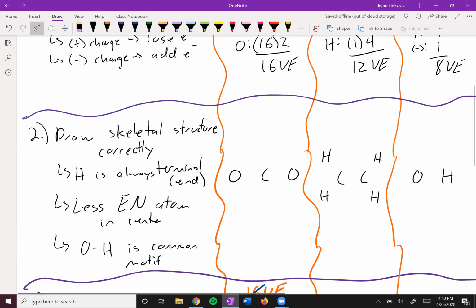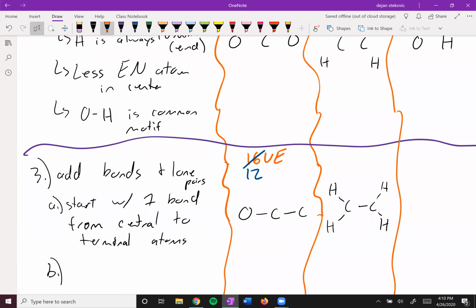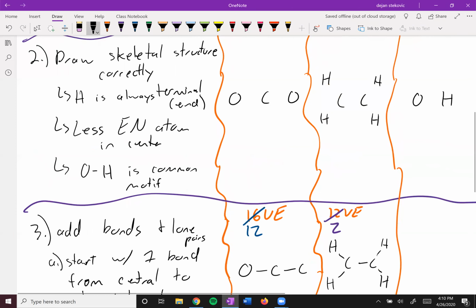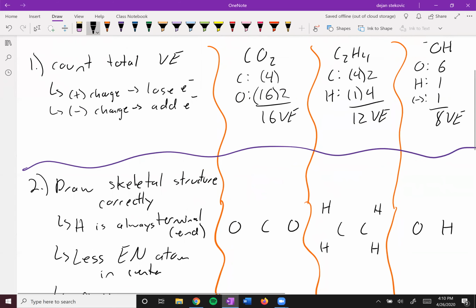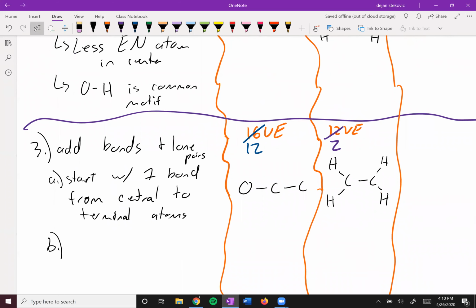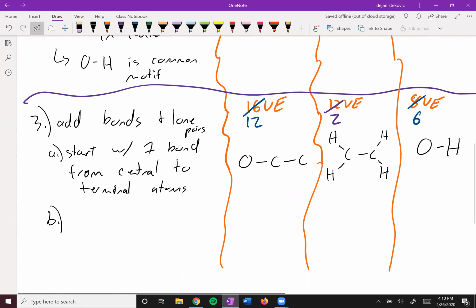Originally we had 12 valence electrons. We created 5 bonds. That's 10 electrons. So that means there's only 2 valence electrons left. And then we've got OH. We just draw a bond there. We originally had 8 valence electrons. Used up 2 of them to form this bond. And so there's 6 valence electrons left.